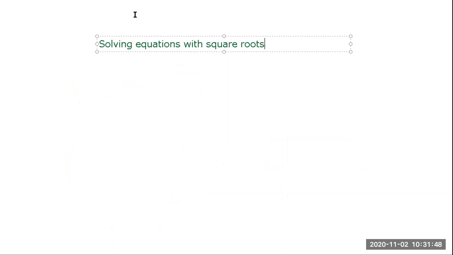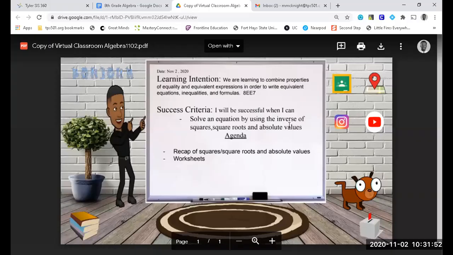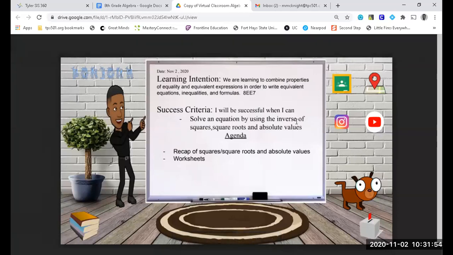Before we do that, I do want to go back to our learning intention so we could look at it. At first, the first part on there was finding the inverse of squares. Could someone please tell me what the inverse of a square is? That's the first part of our success criteria that we just looked at.